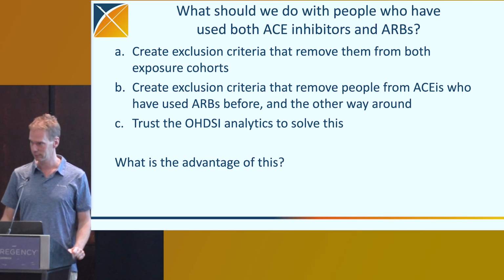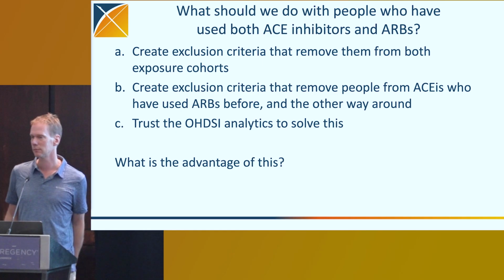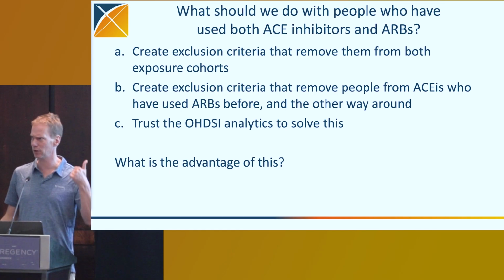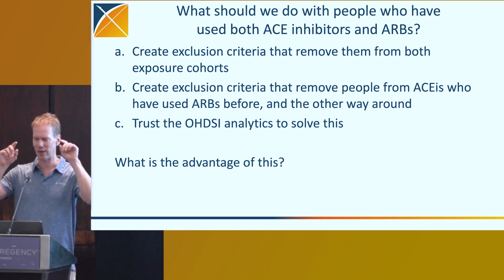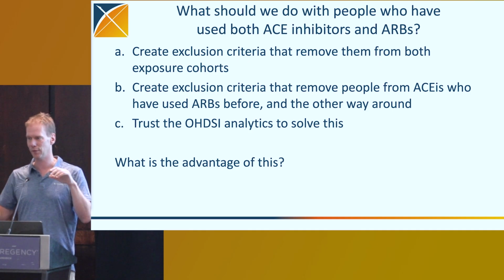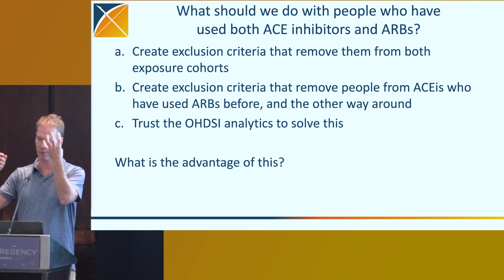But what do the OHDSI tools do in this case? You can choose. You actually have three options. You can remove them from both: if a patient has both exposures anytime, you remove the entire patient. Option two, which is the most used one, if they have two exposures, you keep the first one and you censor when they get the second one.